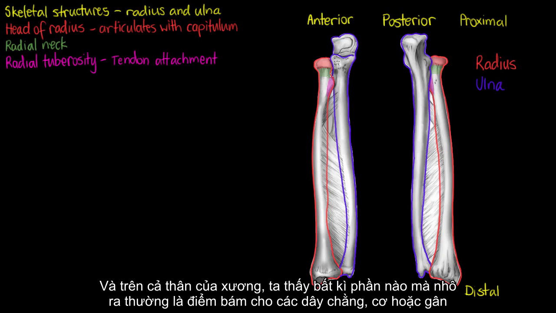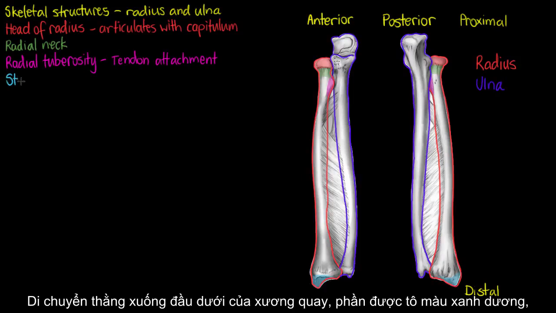And we'll see that all over the body. Any kind of bony process that's sticking out like this or protruding is usually a point for a ligament or muscle tendon attachment.